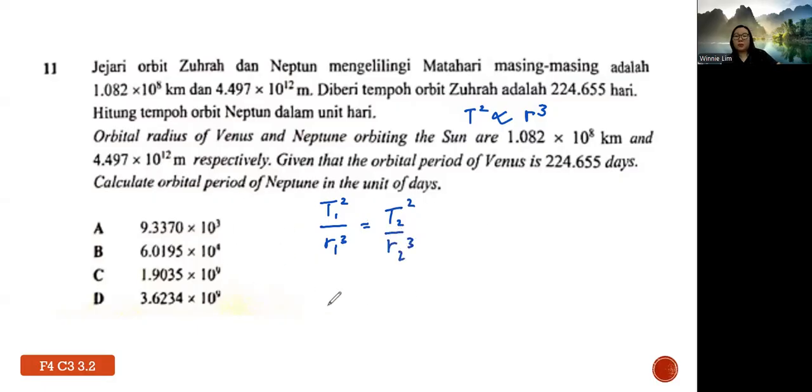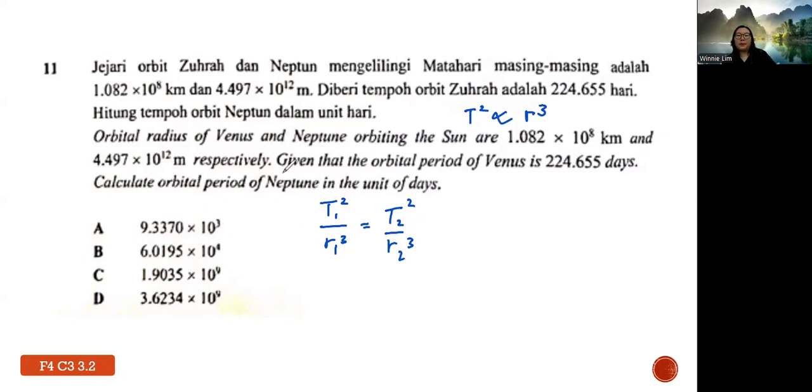Okay, so we're going to apply this formula. I always tell students, if you're not good at maths, then always make the top part the subject. Top part as subject. So generally they want you to calculate what?